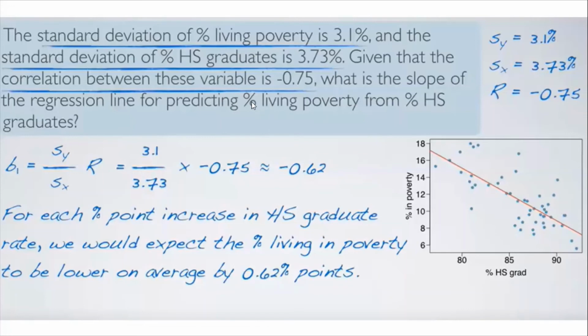Do you get the idea? So this is how you interpret it. If there is a positive association, then with a one unit increase in x, the explanatory variable, we will see an increase in the response variable by the slope value.